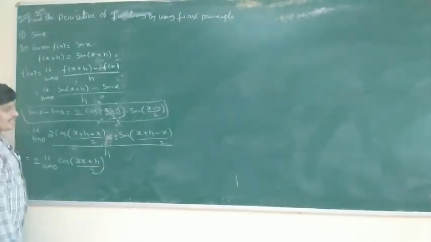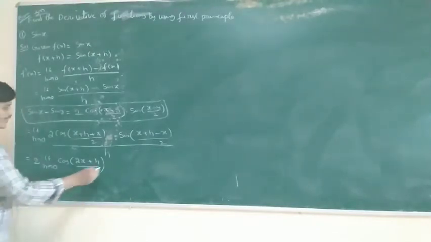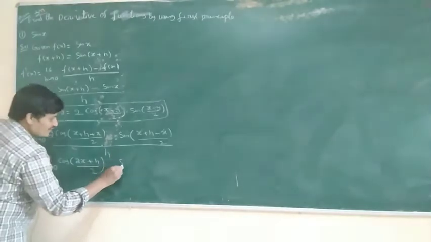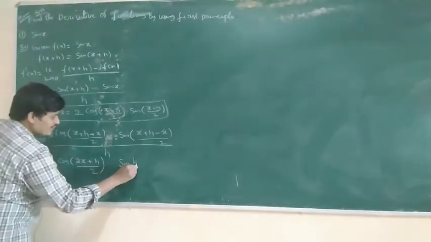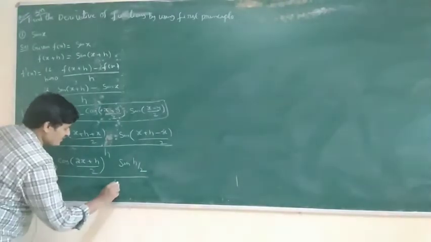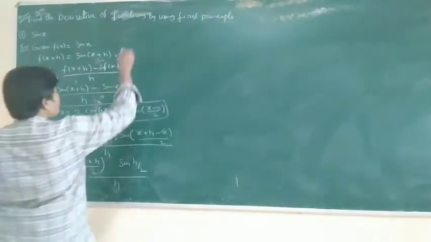The x cancels, leaving sin h by 2, over h. Okay, clear? Next one.